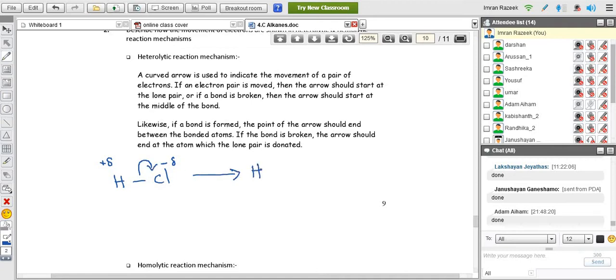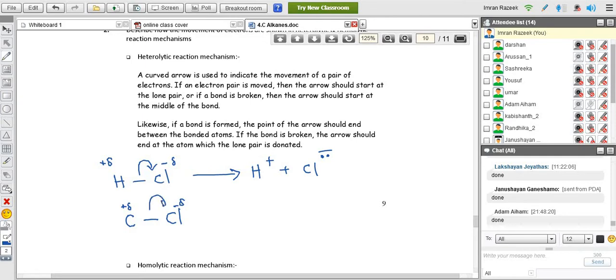When the bond completely breaks towards one atom, that results in a cation and an anion. This is known as heterolytic bond fission. That happens in polar molecules. Likewise, the C-Cl bond is a polar bond.